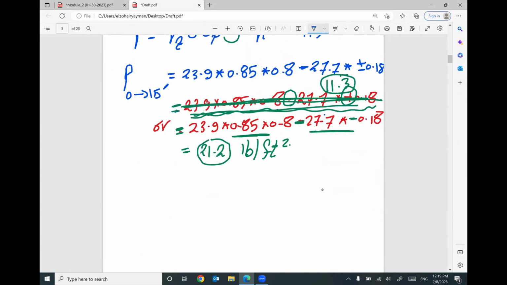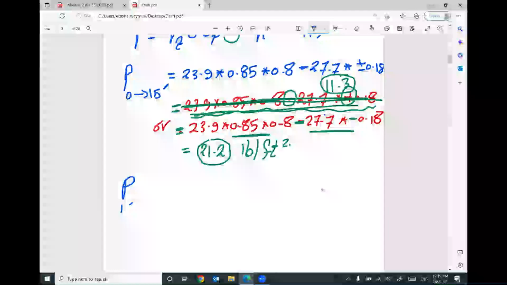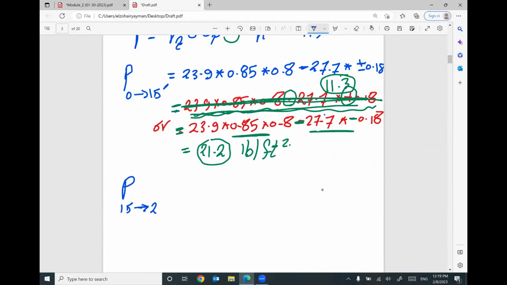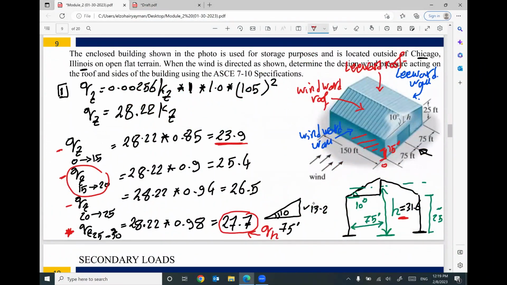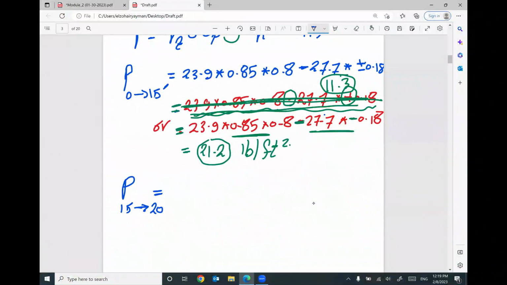We have another pressure from 15 to 20. Your value of QZ at this elevation equals 25.4. 25.4 times 0.85 times 0.8 minus 27.7, which is QH, times the negative value. This option will give you a bigger value.